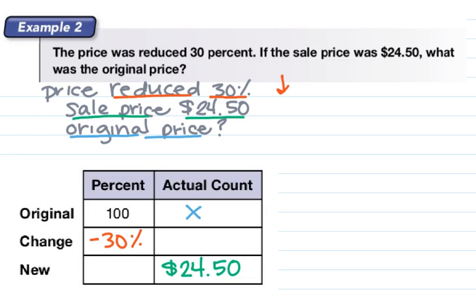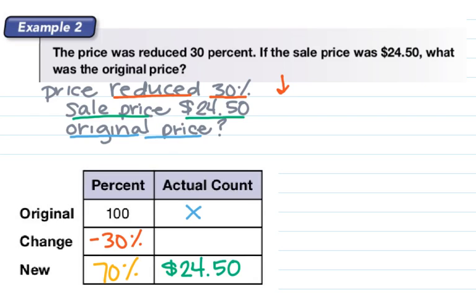It went down 30%. So I can find this new number here by taking 100 minus 30. And so I know that this is going to be 70%. My percent of change was 30%, and so now my new percentage is 70%.